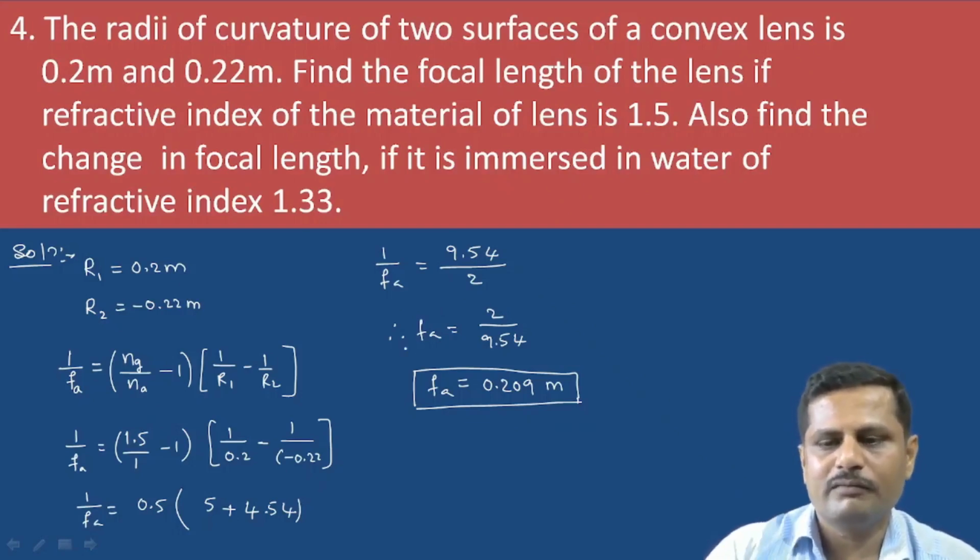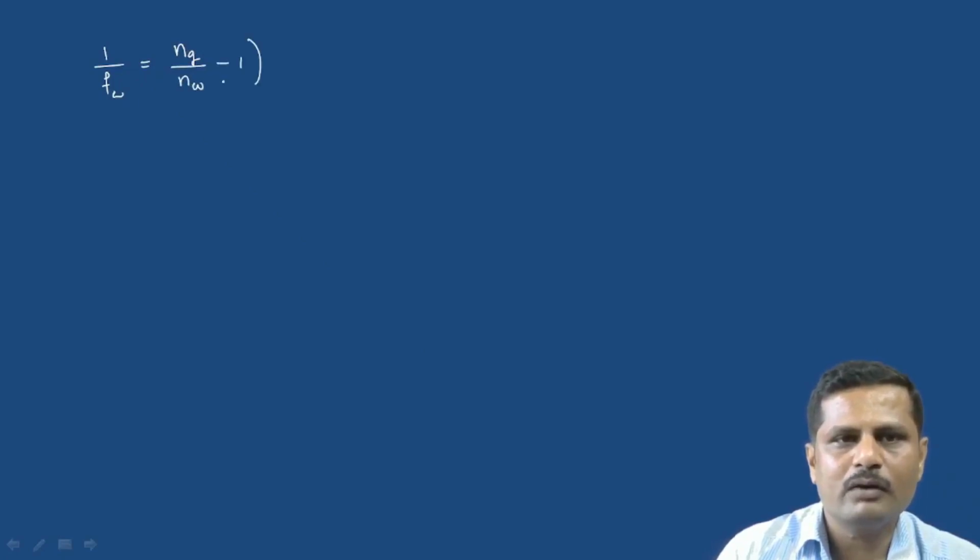Okay, so now from the lens maker formula, 1 by f, where we are now placing the lens in water, so we write the focal length of the lens in the water as the refractive index of the glass divided by the refractive index of the surrounding medium, which is now water, minus 1, of 1 by R1 minus 1 by R2.